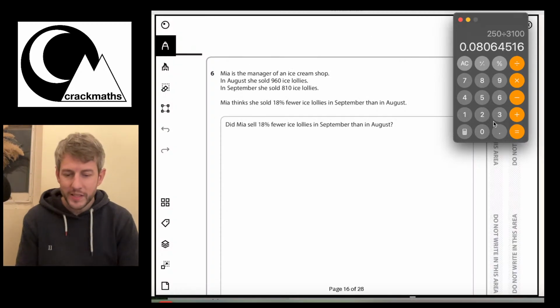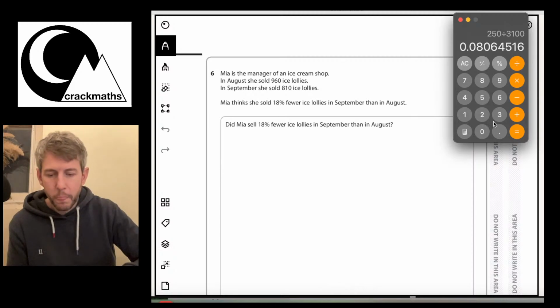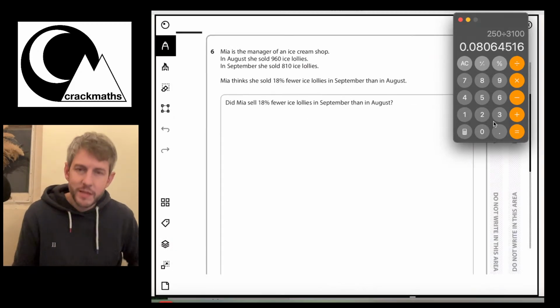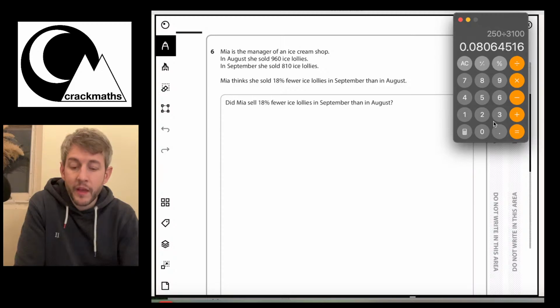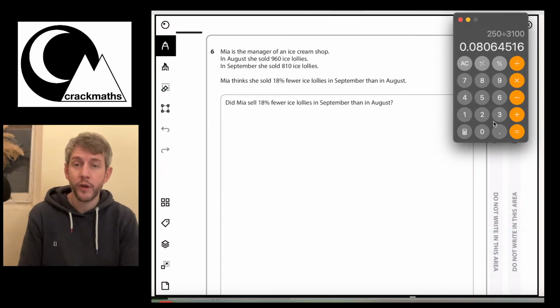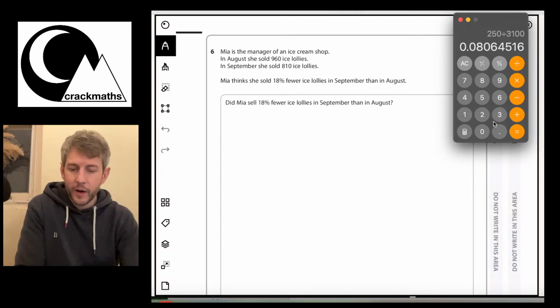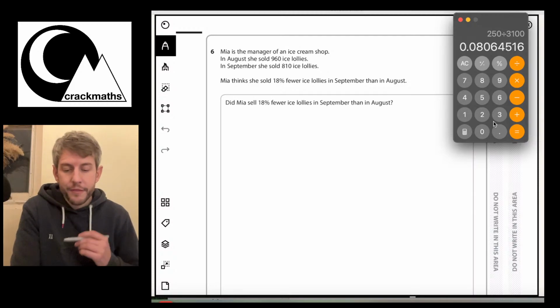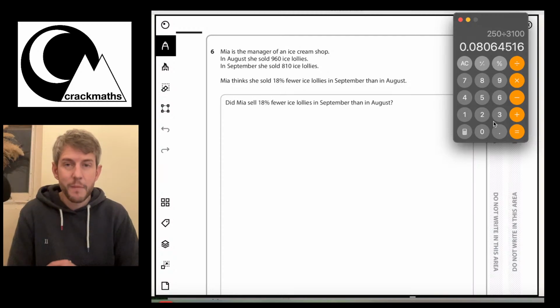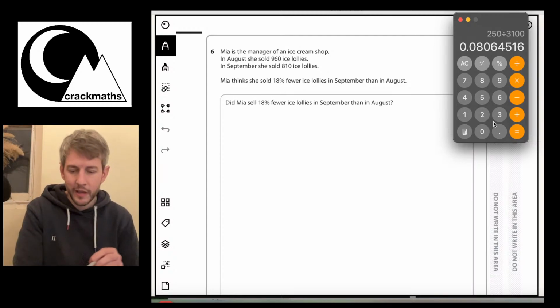So here we go, question 6, and it says here that Mia is the manager of an ice cream shop. In August, she sold 960 lollies. In September, she sold 810 lollies. Mia thinks she sold 18% fewer ice lollies in September than in August.